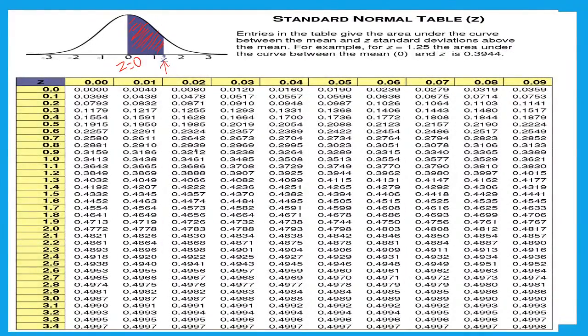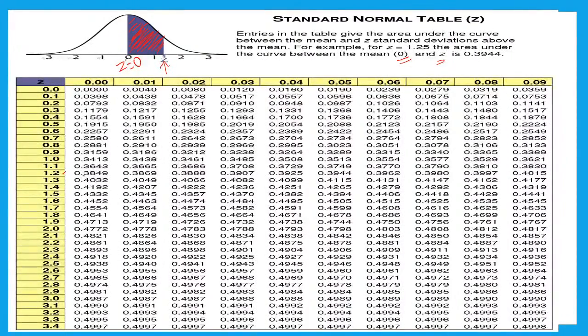How to refer to this table also I'll tell you. Please remember this is the area. These values represent the area from z is equal to 0 to z is equal to any value. For example, for z is equal to 1.25, it means from 0 to 1.25. How will you find 1.25?